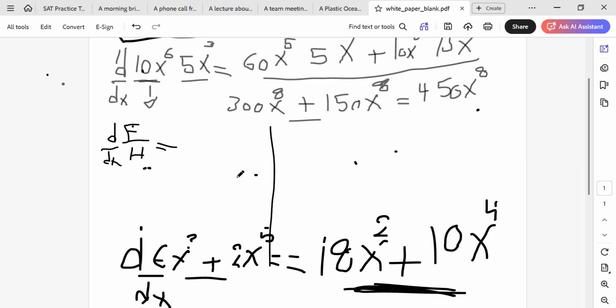So the derivative of this equation will be: you write the variable on the bottom on the top.